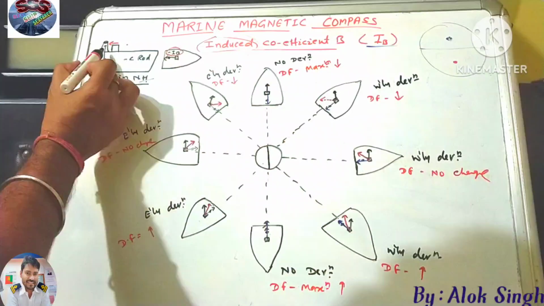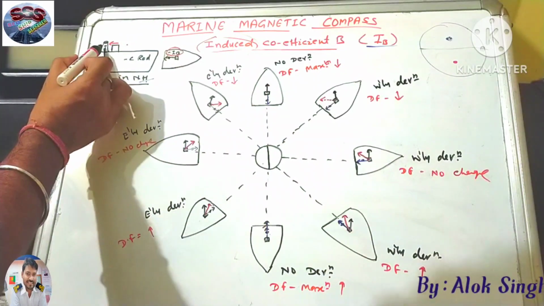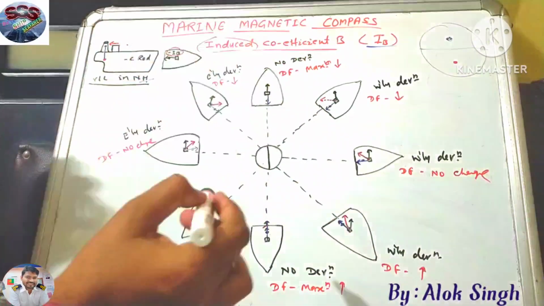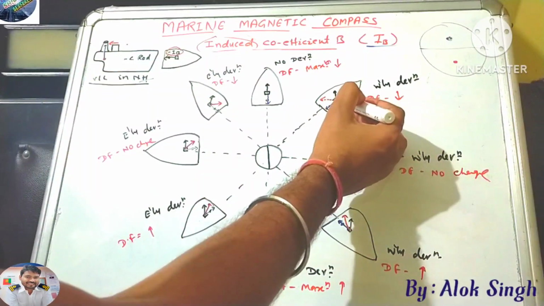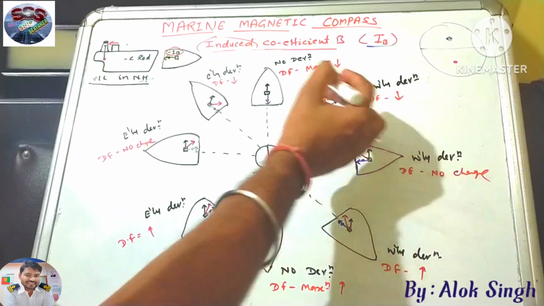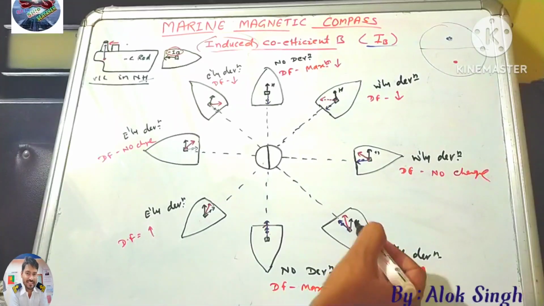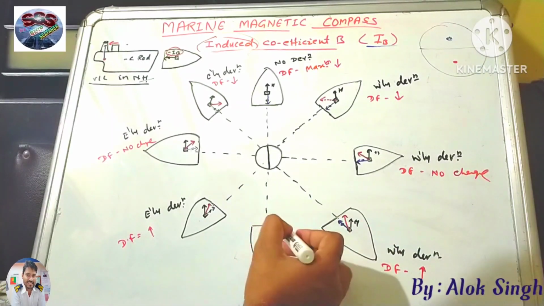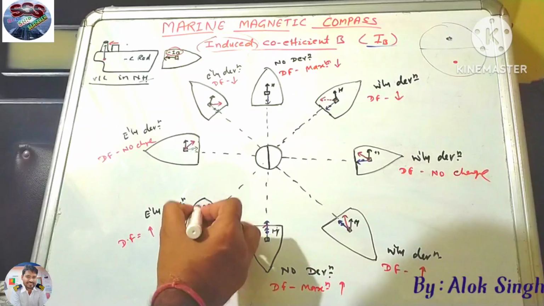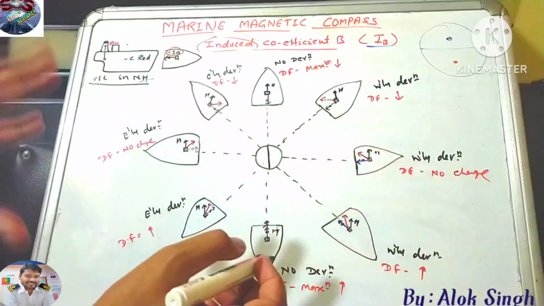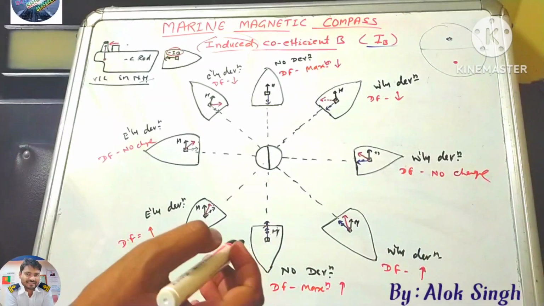And the C rod, which is blue, I have drawn aft of my compass. In this direction also, because of H, this arrow is drawn. This is also H, everywhere I have drawn this H, because of our horizontal force, which is because of our earth's magnetism.